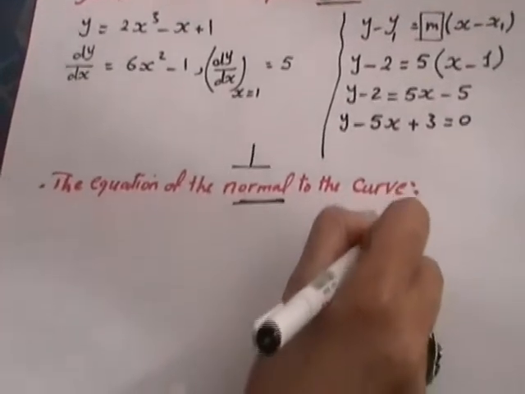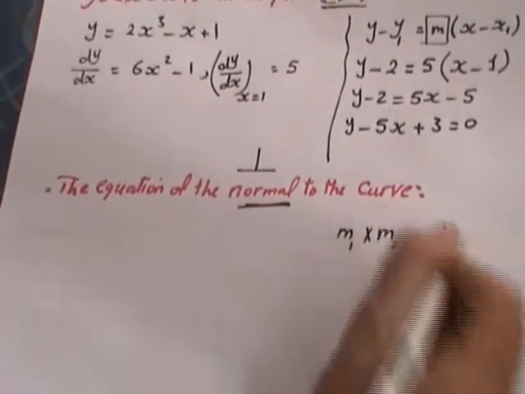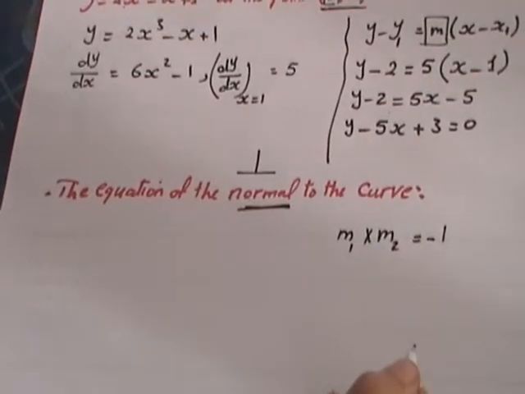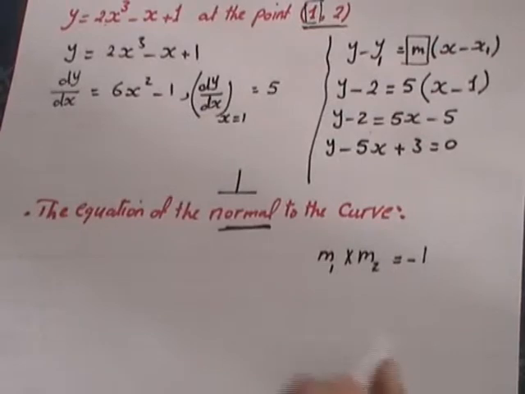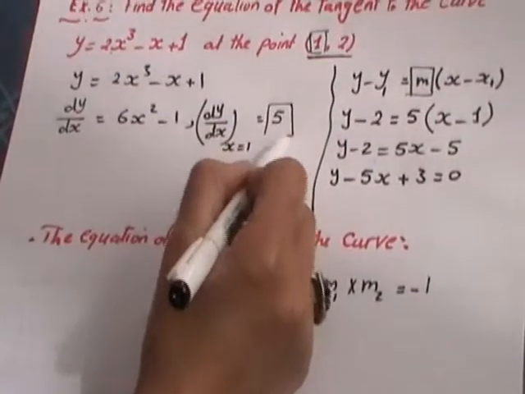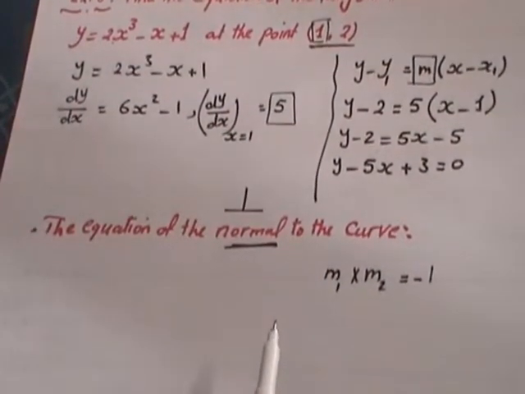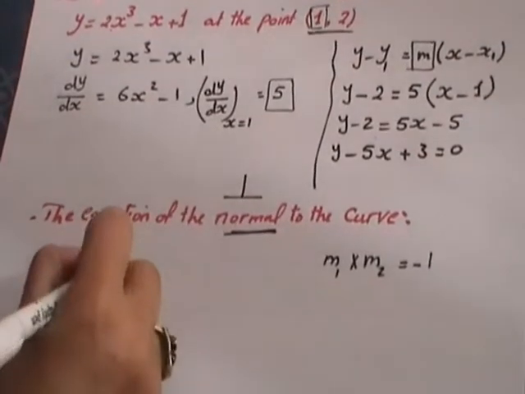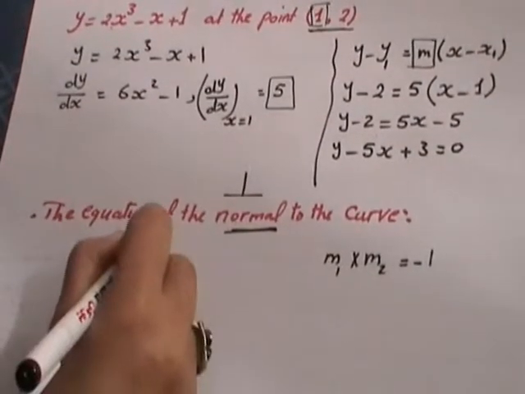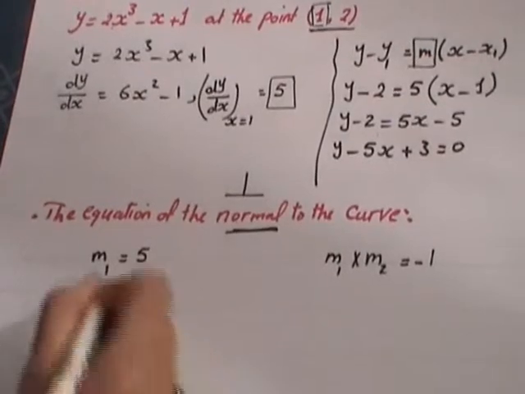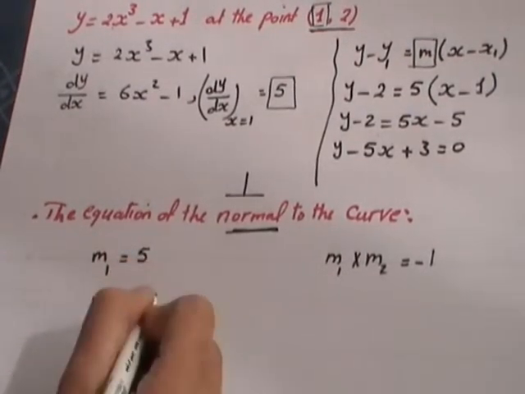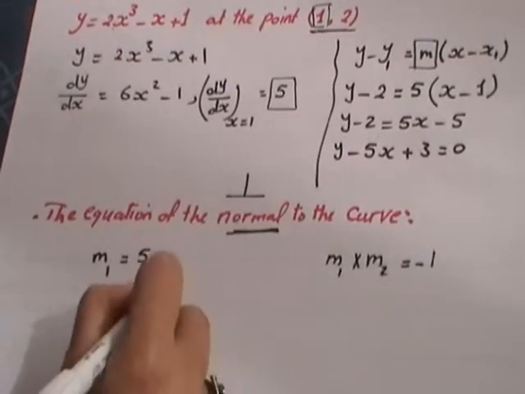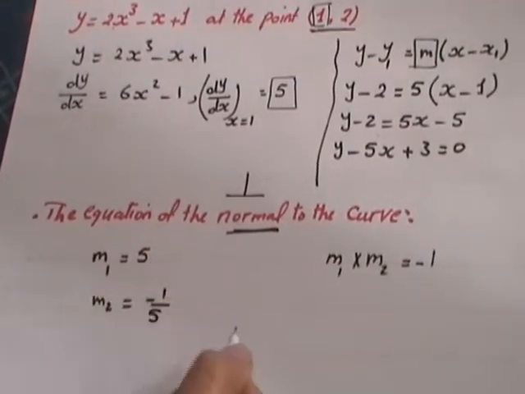M1 times M2 equals -1. So we must find the slope of the first equation, which we took in the first part of the example, which is 5. M1 of the tangent is equal to 5, so M2 of the normal equals -1 over 5.